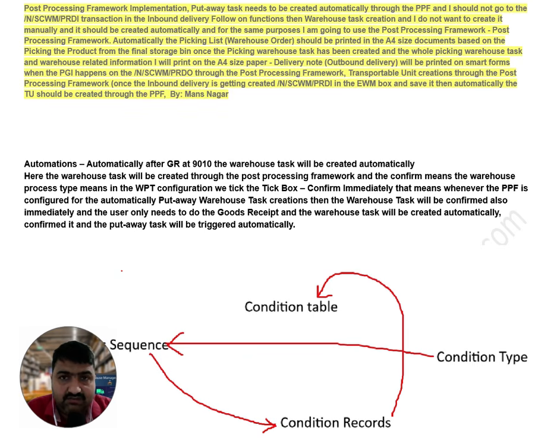Whenever the warehouse workers pick the product from the final storage bin, they pick it to create the outbound delivery, to send the goods to the customer. The warehouse task covers the whole picking, and warehouse related information. The warehouse worker picks the product or material to sell to the customer based on the sales order.